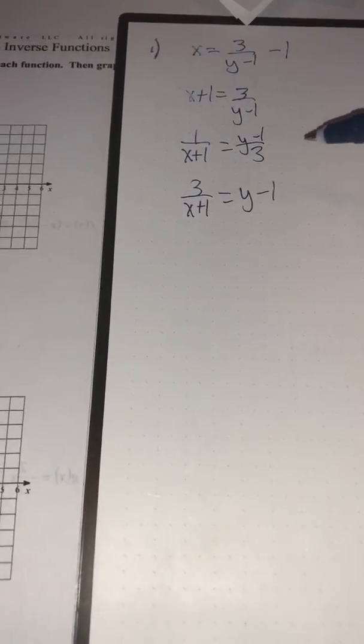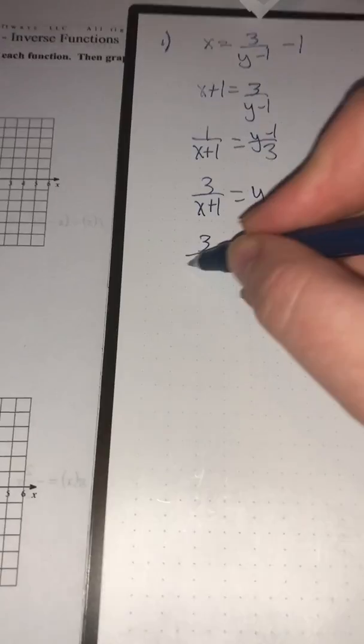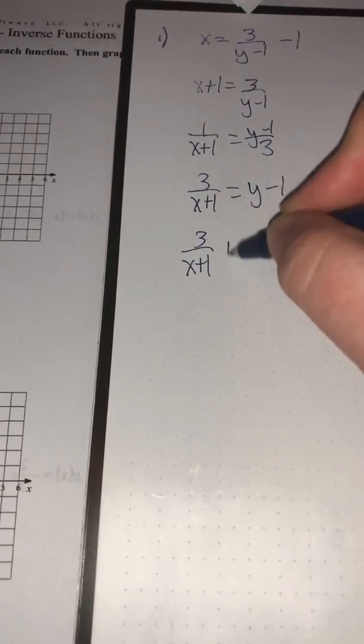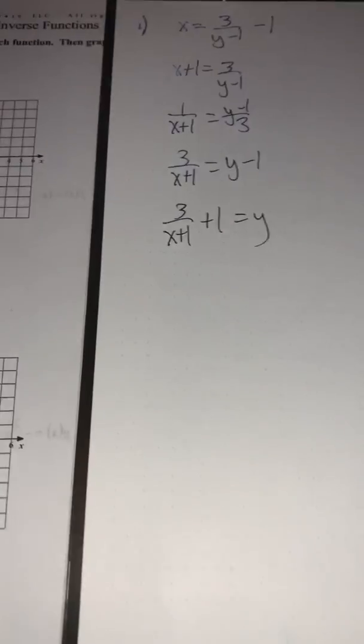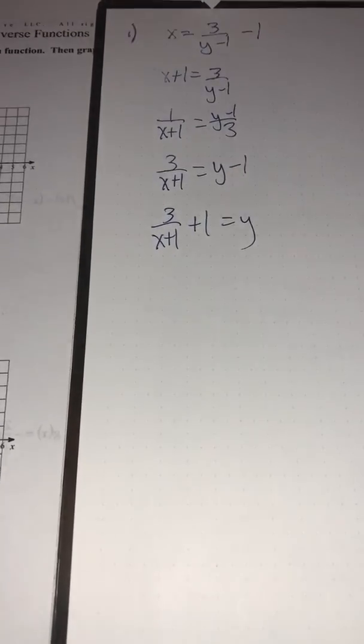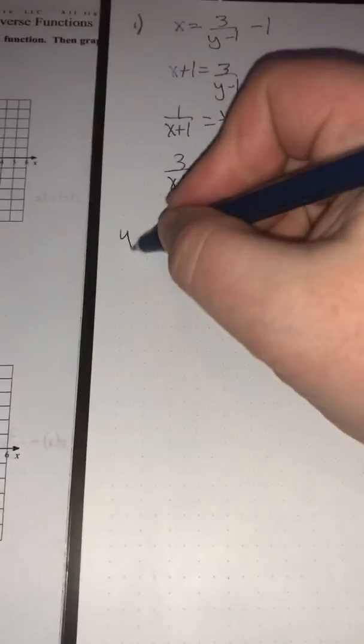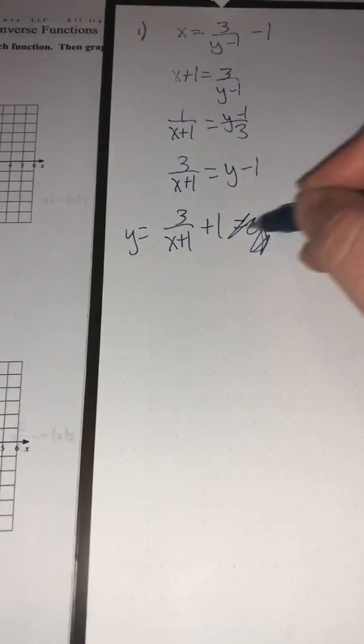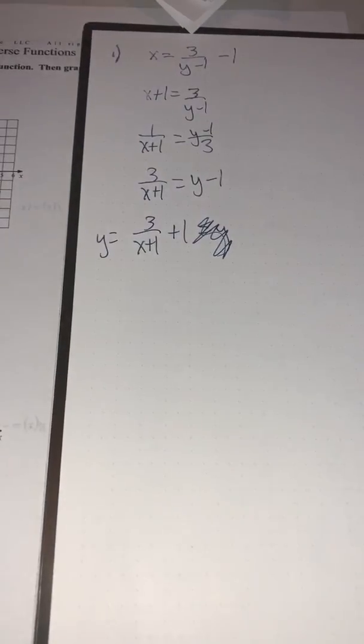And now just add that 1 to the other side. And then I hate having the y over here, so I'm just going to write it over here. There we go. So there is my inverse.